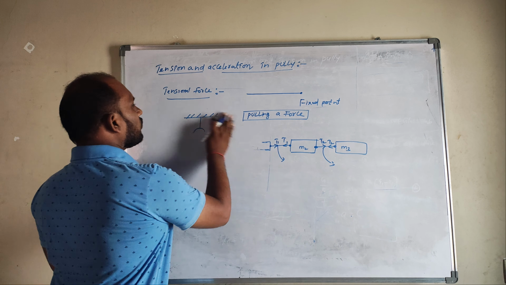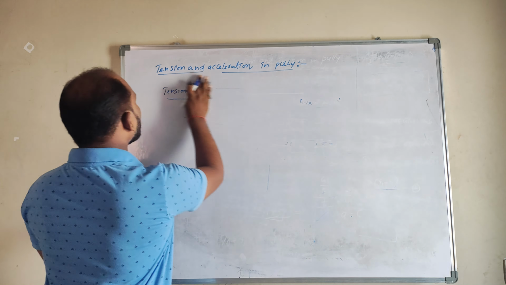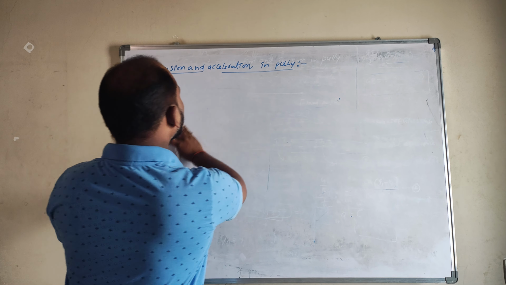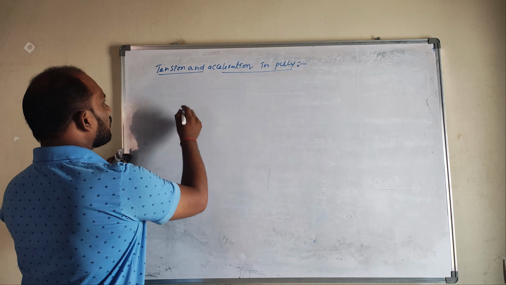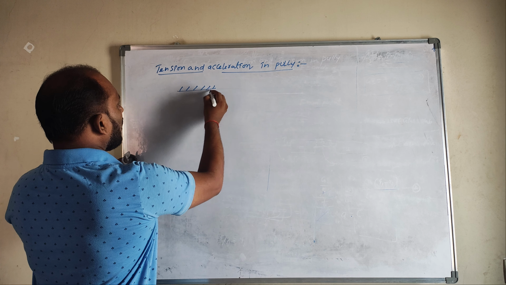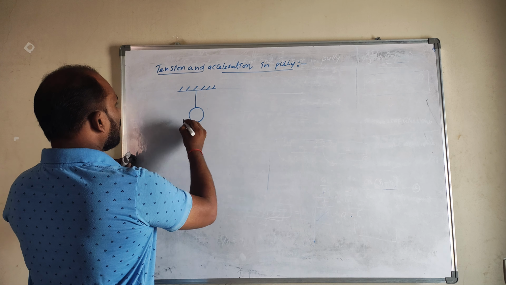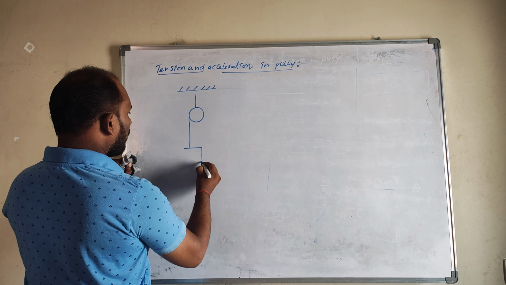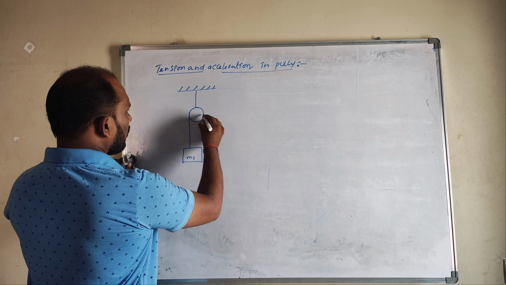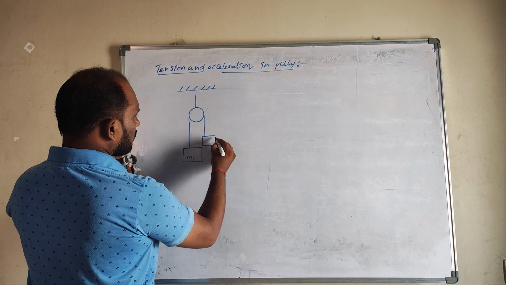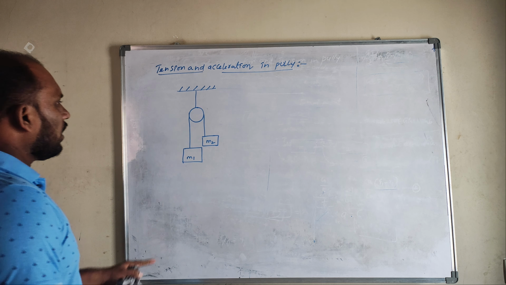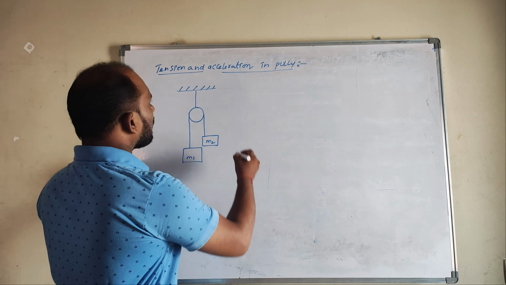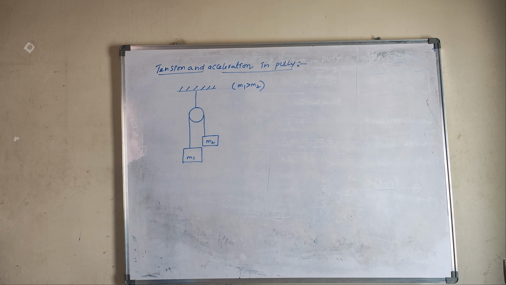Before that, our first concept is that we want to find out tension and acceleration in a pulley. Now I am taking a pulley here. On the pulley I am hanging a block of mass M1, and another block of mass M2. Now I put a constraint: M1 is greater than M2, which means M1 has more value and M2 less value.